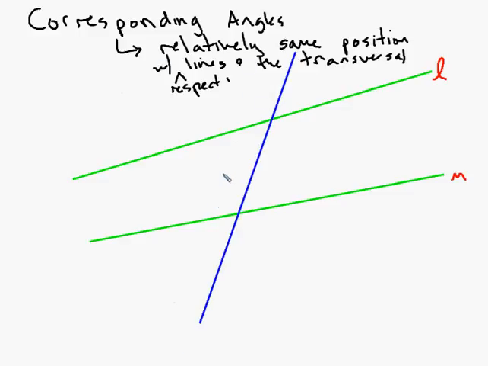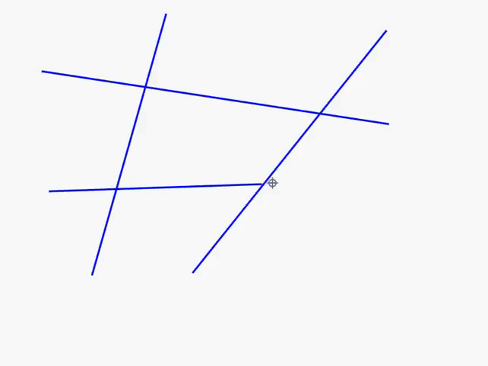Any questions on corresponding angles? No, sir. Good. All right. Let's get a diagram. Okay, anyways, get that diagram in your notes, and we're going to number our angles like so.